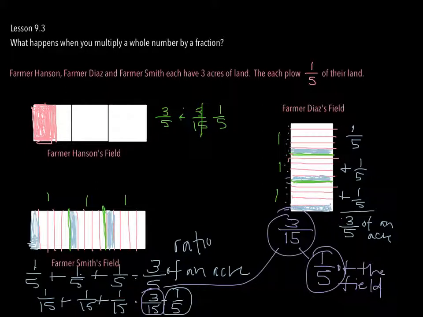It's tough to tell here, but when we look at Farmer Smith, it's all nicely laid out, and when we look at Farmer Diaz, it's all nicely laid out. So we can see that it's 3/5 of an acre total, because 1/5 plus 1/5 plus 1/5 gives us 3/5, but 1/5 of the total. So there are 2 different math problems to look for: total plowage, and then the fraction of the total acreage.